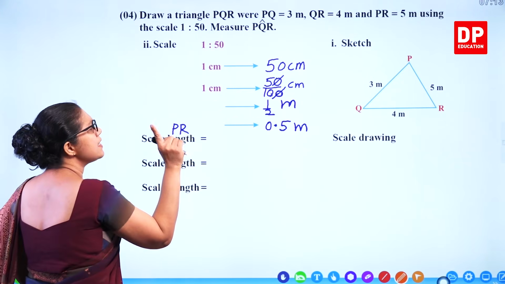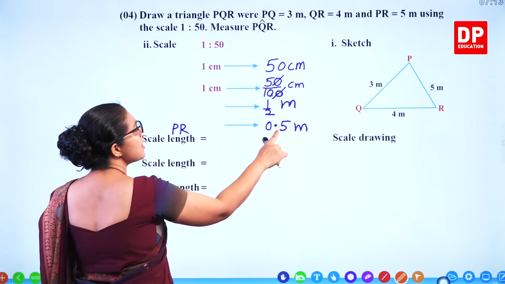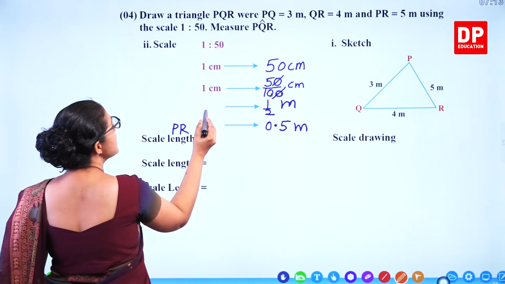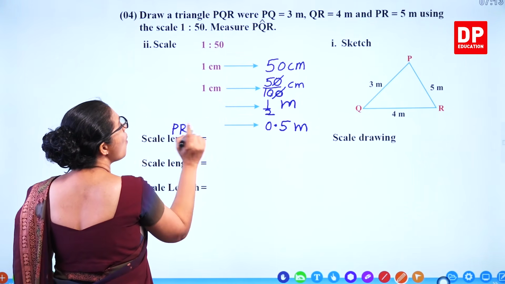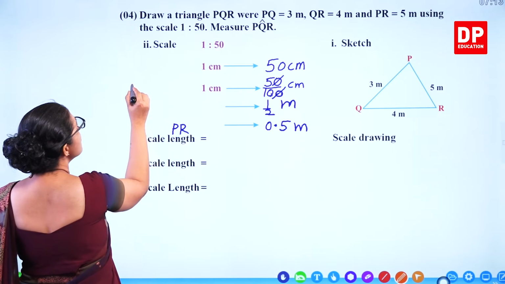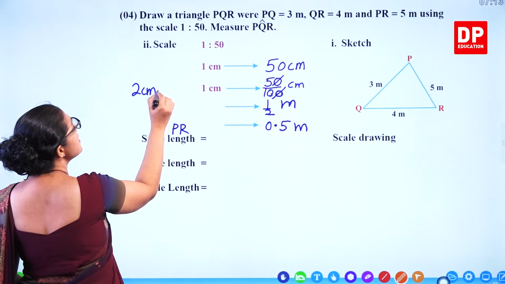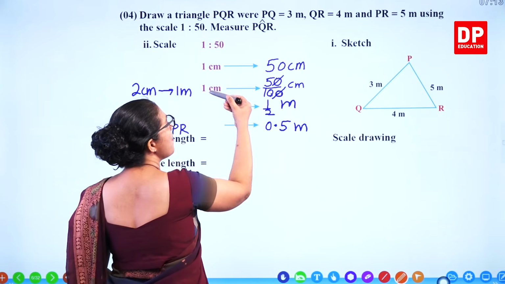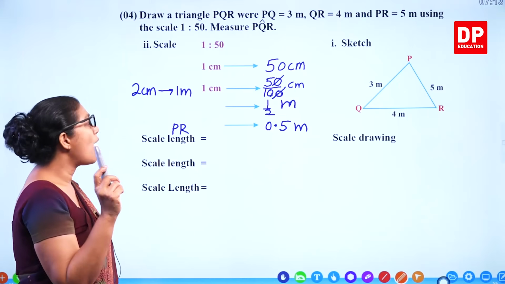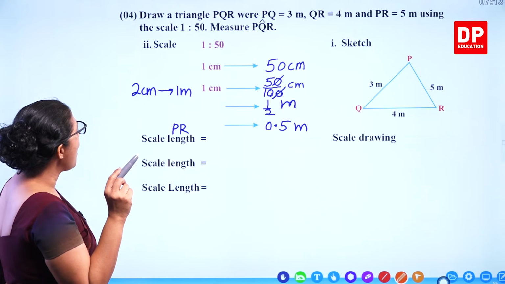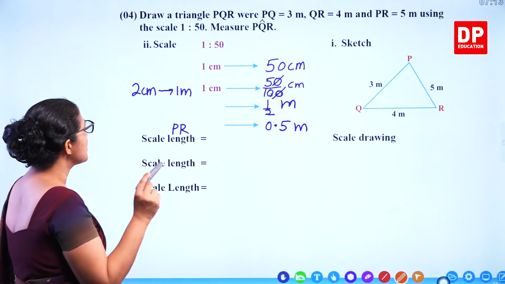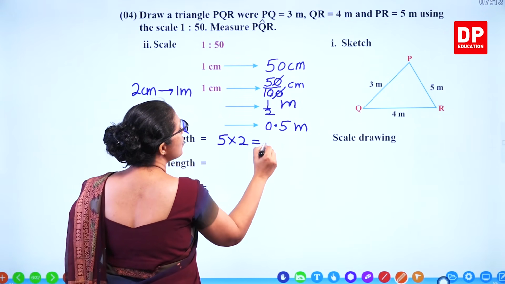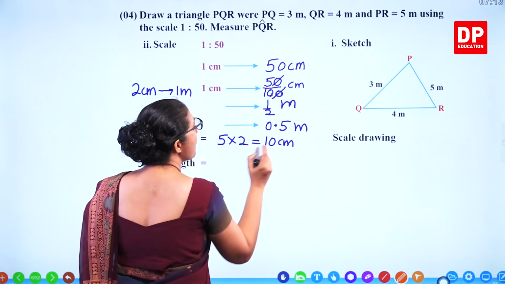So what does 1 meter represent? Without taking decimals, we can convert to 2 centimeters is 1 meter. 2 centimeters represent 1 meter. This is multiplied by 2. So what about 5 meters? 5 meters means you have to multiply this by 2. 5 times 2, 10 centimeters.